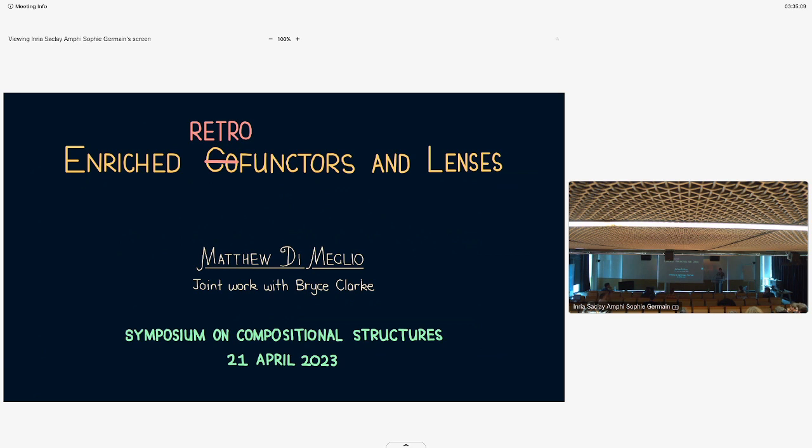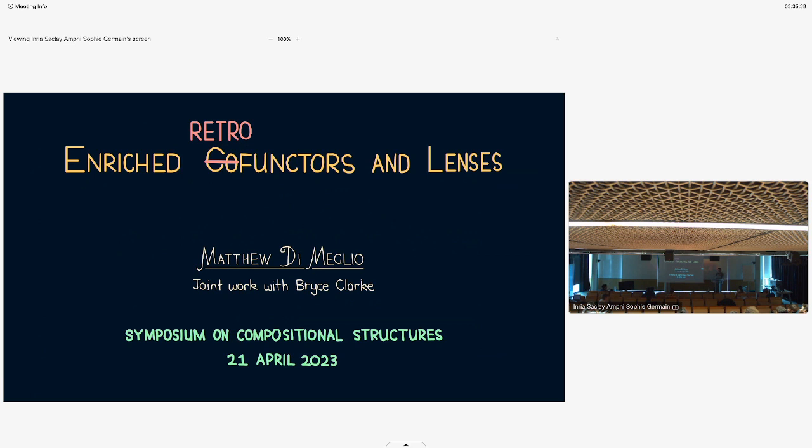So just to outline what I'm hoping to achieve with this talk, it's to give you an intuitive sense for what these enriched cofunctors and lenses are, without going too much into the details of the definitions, because the definitions involve a lot of diagrams that have to commute, and if you just look at them, you might not get a feeling for what it's about.